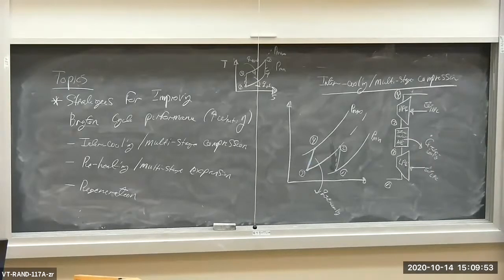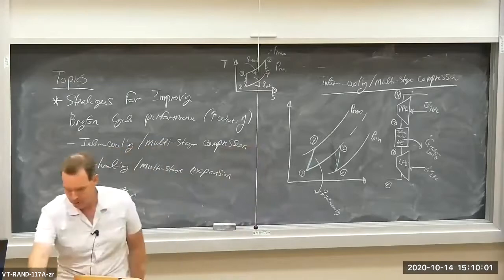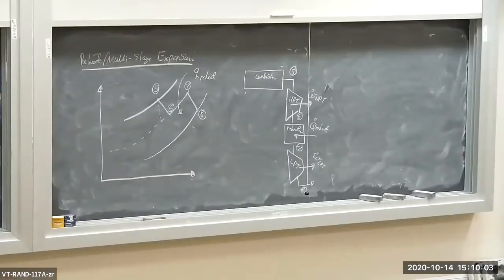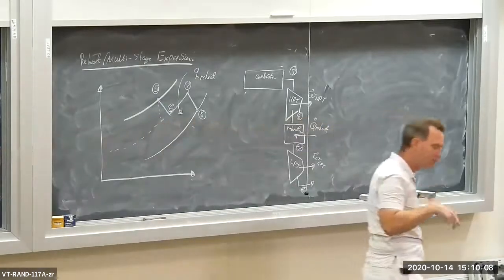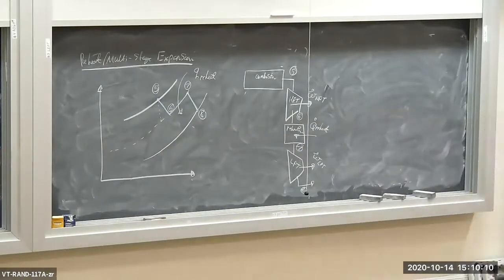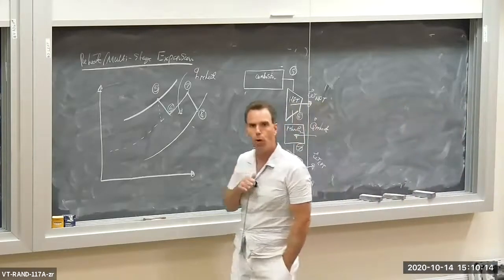Now we can do the same thing on the turbine end as well. We can do what's called reheating or multi-stage expansion. So we can increase the amount of power produced by the turbine or the expansion process by replacing a single turbine with two or more turbines.